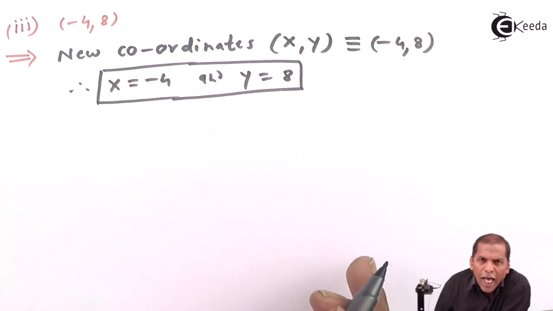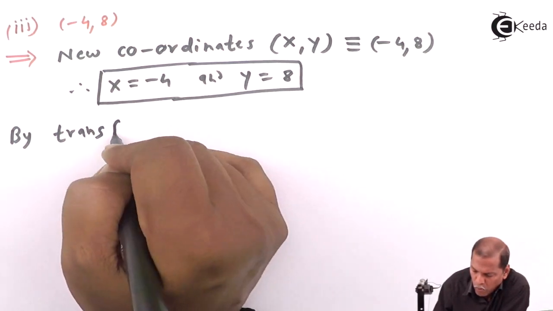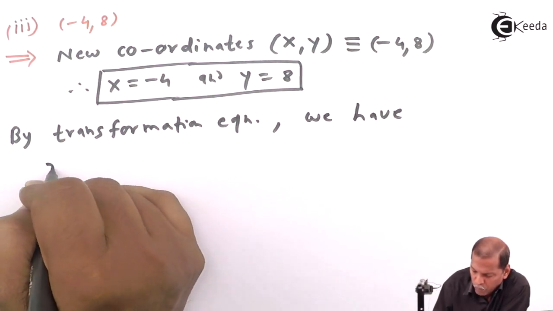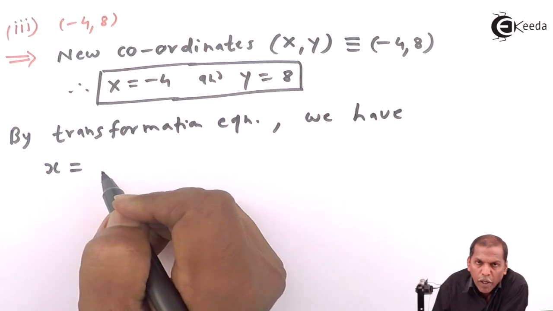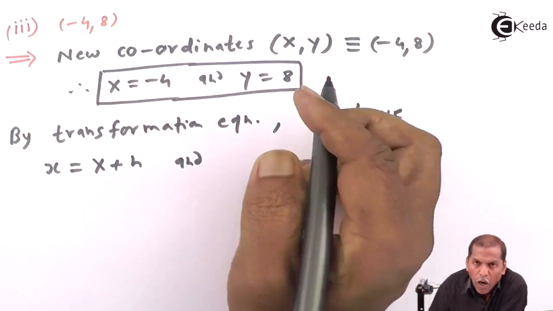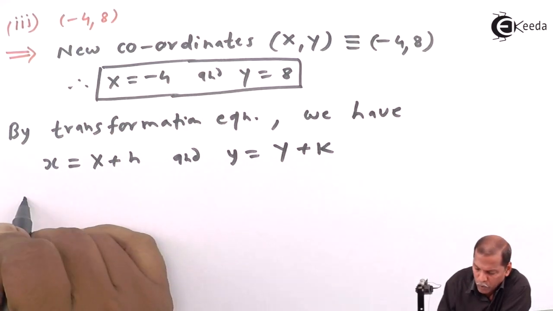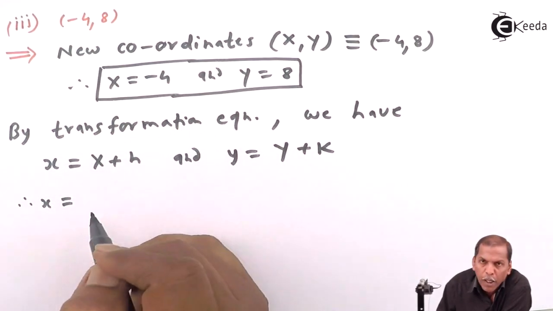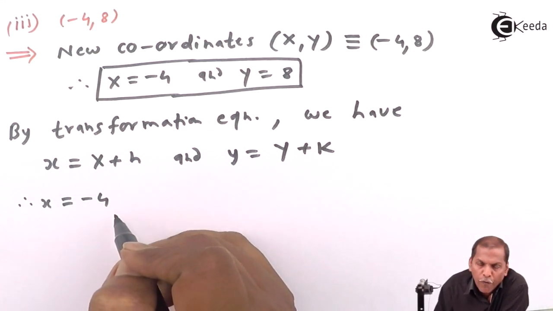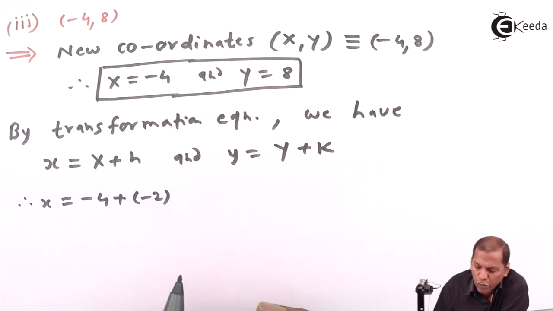Now, by using the transformation equations, we have small x is equal to capital X plus H and small y equal to capital Y plus K. Therefore, small x is equal to, for capital X we substitute -4, and for the shift of origin H we substitute -2.